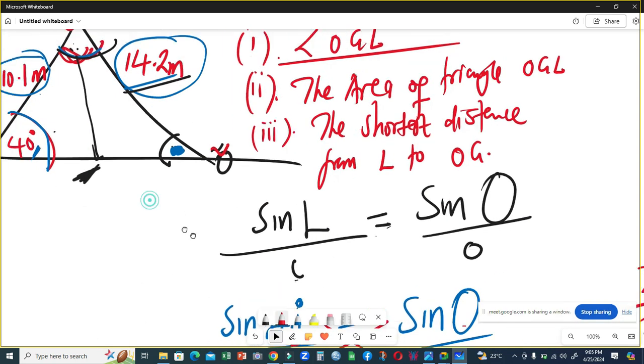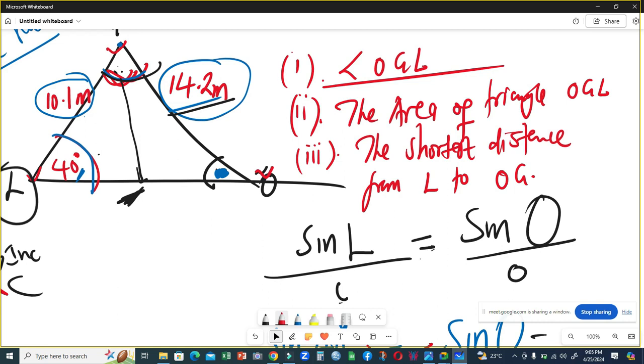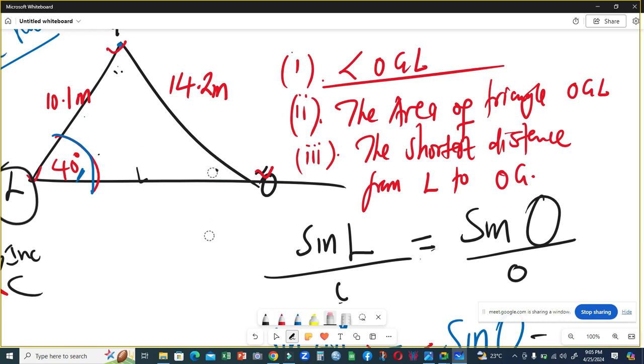You asked me how to calculate the area of a triangle, right? Yes, sir. Okay, so that's what I'm now going to explain.